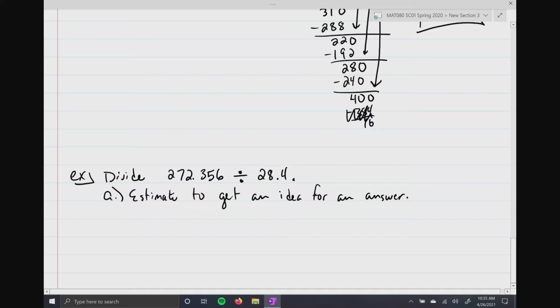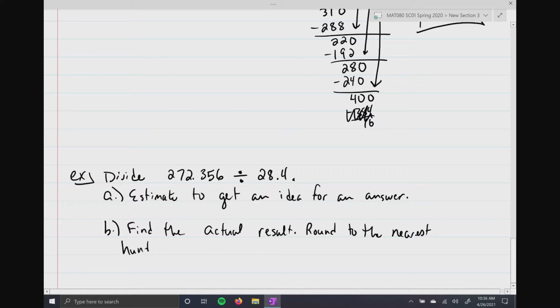So part A, we're going to estimate just to get an idea of what our answer should be. Okay? And then part B is to find the actual answer.